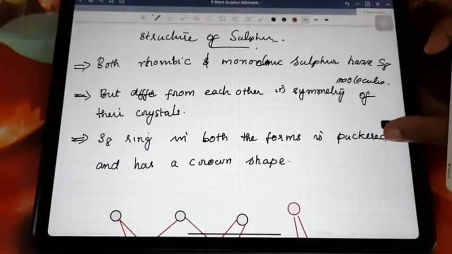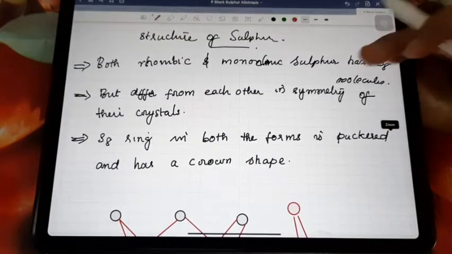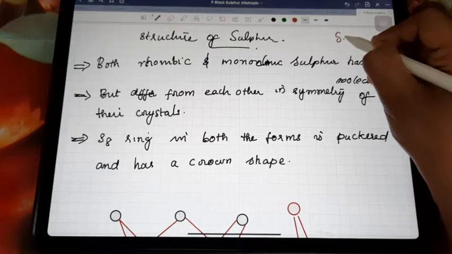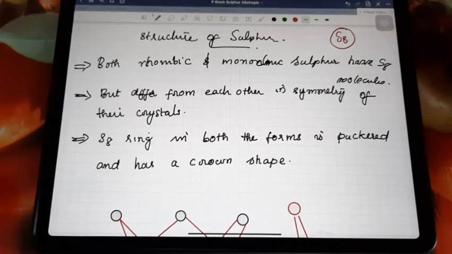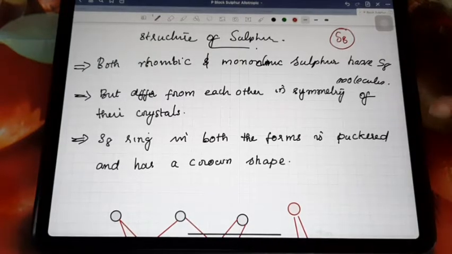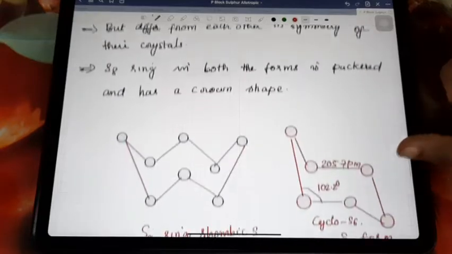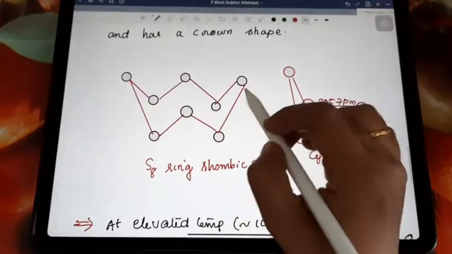Then we can discuss the structure of sulfur. Both rhombic and monoclinic sulfur have the S8 molecule. Both form an S8 ring, with a puckered, crown-shaped structure, but they differ only in the symmetry of their crystals. This is the puckered shape, just like a crown.